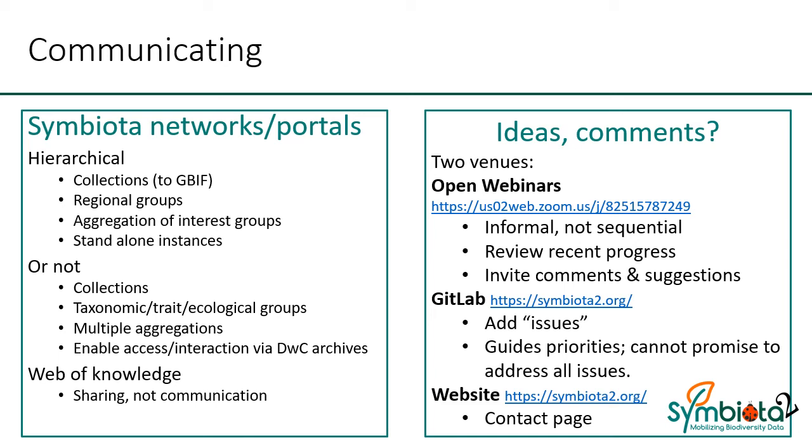And this simply means making it so that people that are in charge of collections know how to modify the script that generates the DwC archives to say, give so-and-so access. And ultimately, of course, we would like collections to be accessible through the web of knowledge. But these things are sort of later things. The first thing is Symbiota, some add-ons, and help pages. Those are the core features we are looking to have available soon.